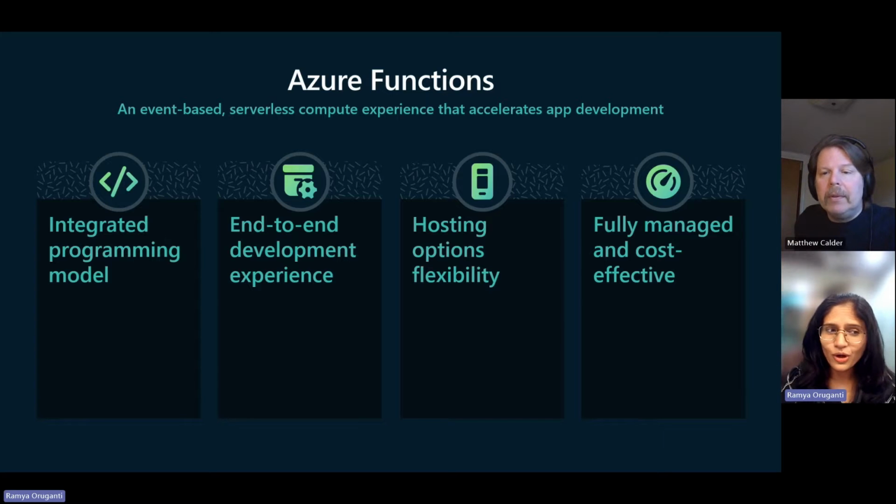Nice. And it supports all the major platforms, right? Like Linux, Windows, and Mac OS as well. And the other cool part about functions is that you build once and you can deploy it onto multiple destinations, right? Like on a managed service on Azure, or you could use one of the hosting plans like consumption plan, elastic premium plan, or app service plan. Or customers can also deploy their function apps as containers on AKS or Kubernetes hosted environments.